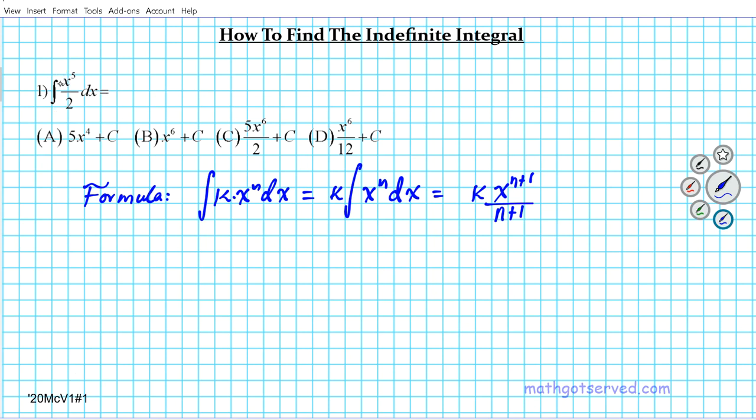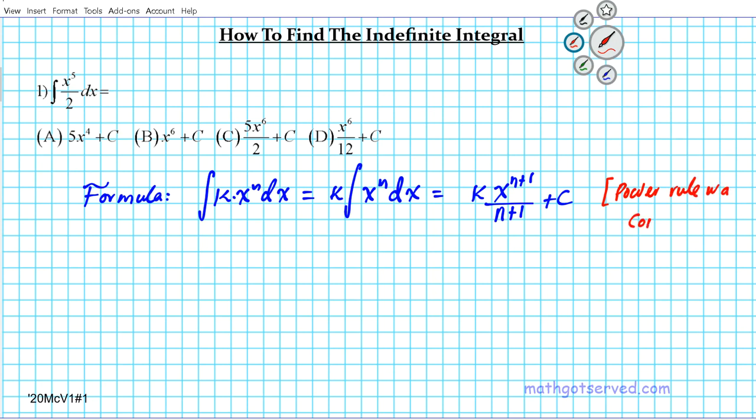But if you don't have any numbers there, that's indefinite. So do not forget, anytime you're finding an indefinite integral, you always want to add your plus c. Alrighty, so this is known as the power rule with a constant multiple. So let's write down what this is. This is power rule with a constant multiple.